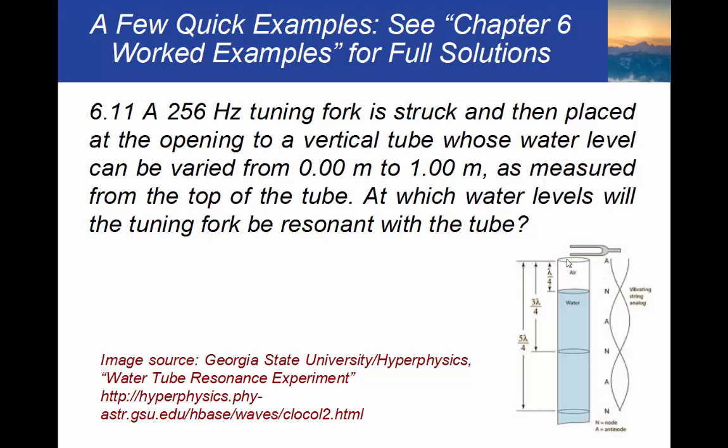So 0 meters means the water level is here at the top of the tube, 1 meter means the water level is down here at the bottom of the tube. And what we want to know is, at what water levels will this tuning fork be resonant with the tube? Resonant basically means that an antinode is present at the opening of the tube. So this diagram actually is showing what's going on during resonance.